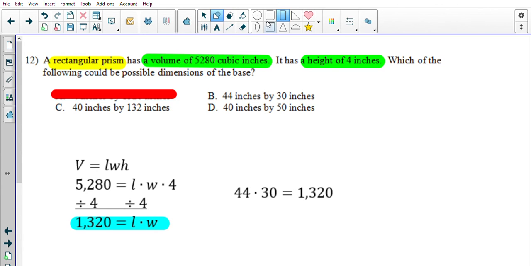It tells me then that choice B is the correct solution. I could do 40 times 132, 40 times 50, but neither product is going to give me 1,320. So these two could also be eliminated. That's a tough problem, but I think it's good to get us thinking about how to apply this information and also determine what the possible dimensions of the base could be.